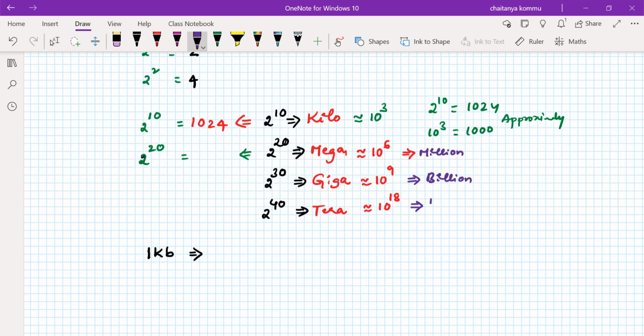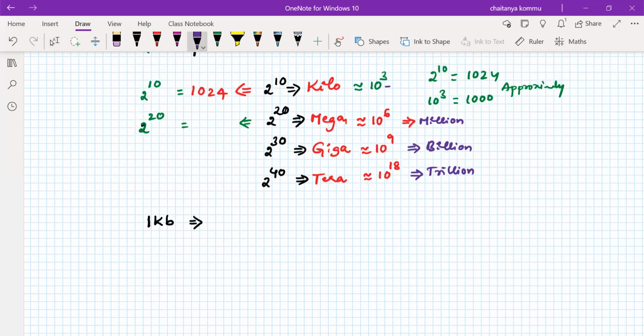So tera means trillion. Therefore 1 kilo means 1000, this is normally written as 1000. So 1 kilo means 1000 bits.